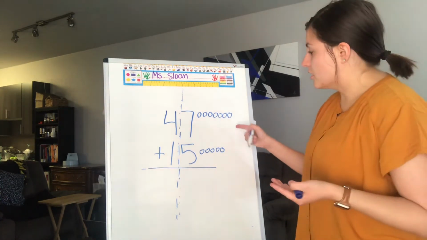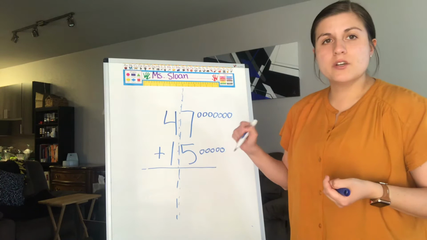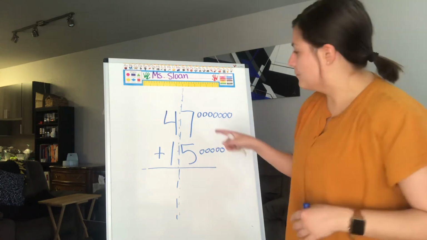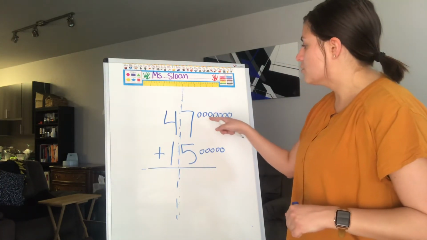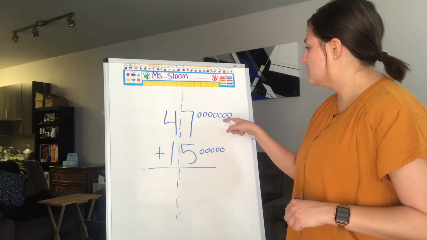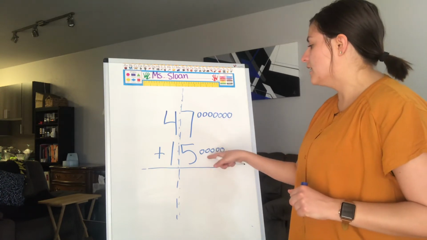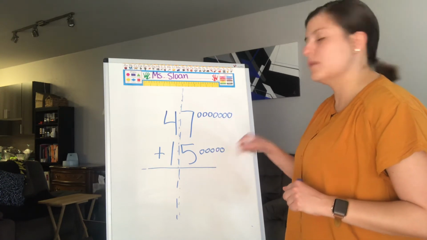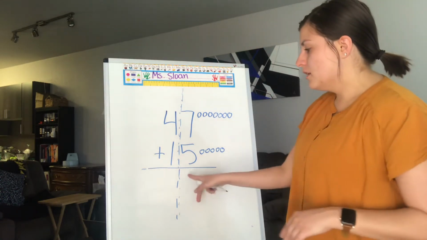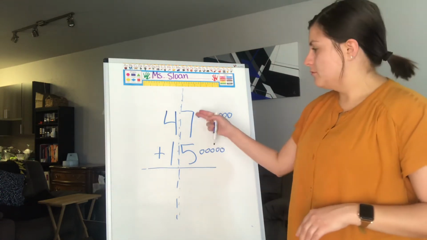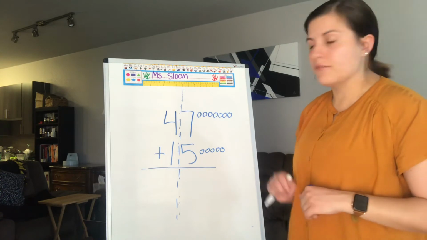Now that we have our circles to represent our two numbers, we can count them and add them up. 1, 2, 3, 4, 5, 6, 7, 8, 9, 10, 11, 12. So we know that when we add 7 plus 5, it is 12.